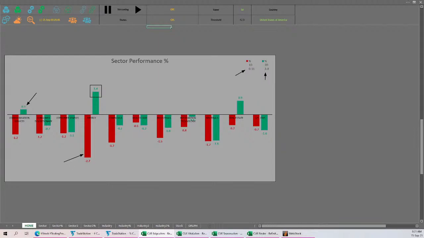You can see yesterday it was down by a large percentage. Over 2 days it is still up by a small percentage, not very small, 1.4, but energy is flip-flopping between positive to negative. If we ignore that, the other sector that was up over 2 days is real estate. So real estate and com services both are defensive sectors.